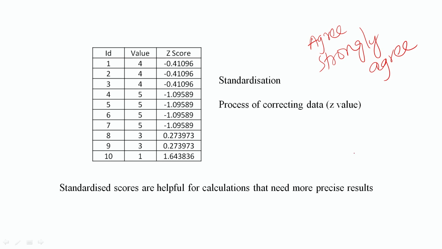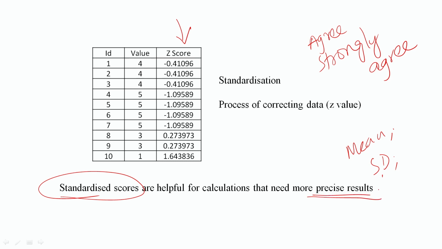It will ask for the mean value of the entire score. Then we have to identify the standard deviation, and then each value in each column which is tested, and you will get the final Z score. So this is also a useful outcome for analysis. Calculation with a standardized score is advised to get precise results at times.